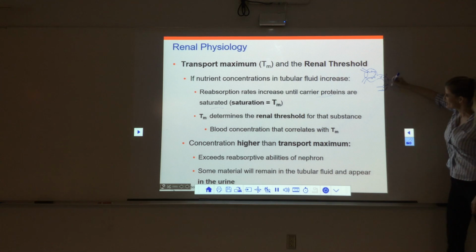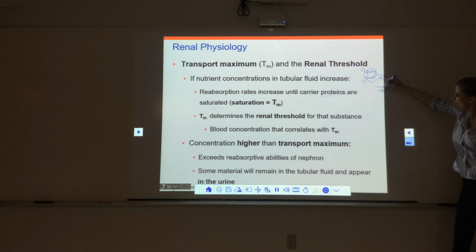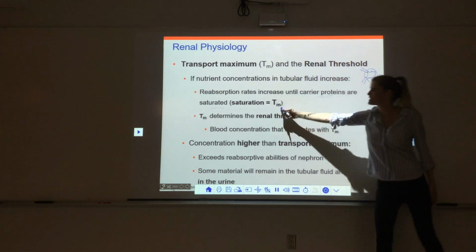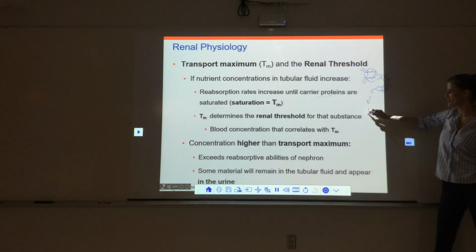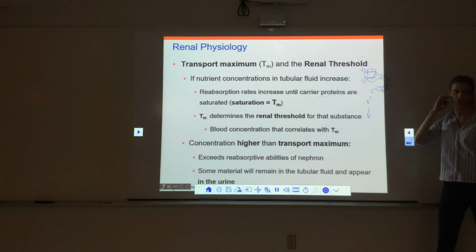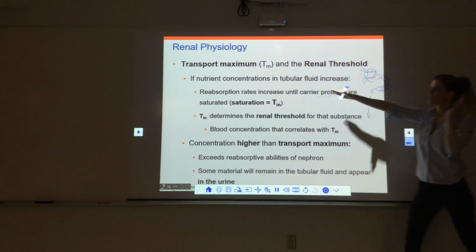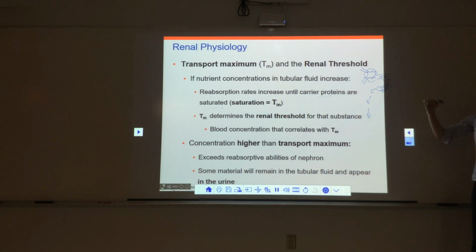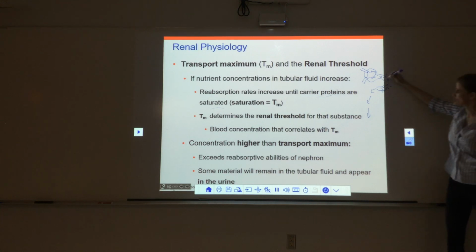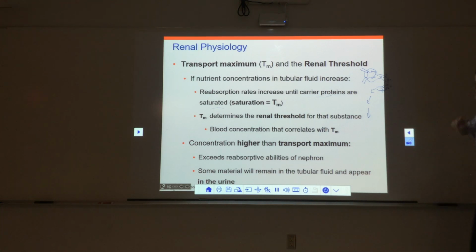So now all of a sudden, every one of these carriers is working. They're all pumping at full steam, but they're not able to reabsorb everything, right? They're all saturated, yet I still have glucose making its way down in the tubular fluid. Okay, I've met or exceeded my Tmax. Transport maximum is when all of your carrier proteins are saturated. That's the most that you're able to reabsorb back into the body at any given time.